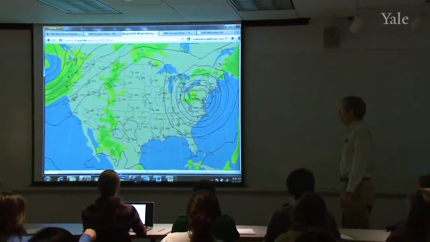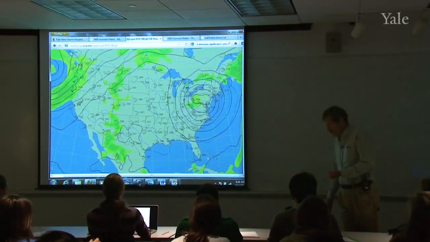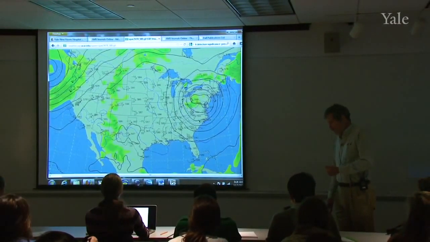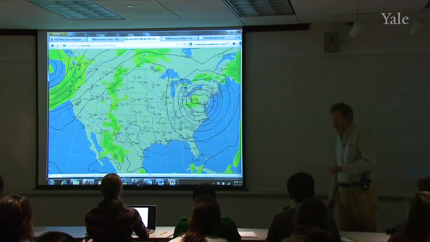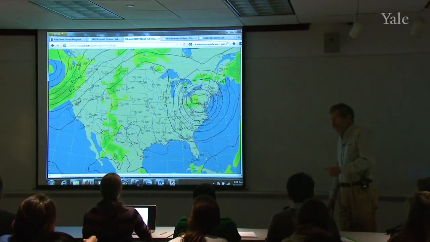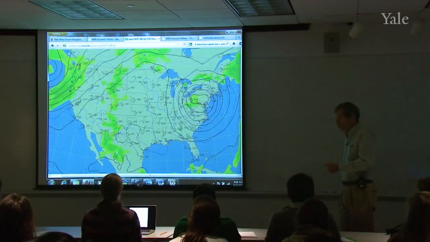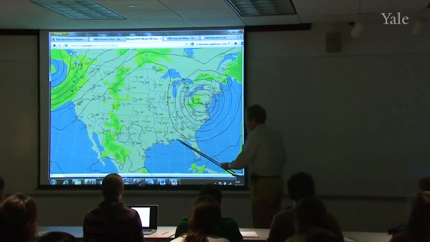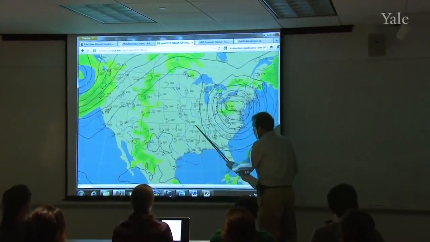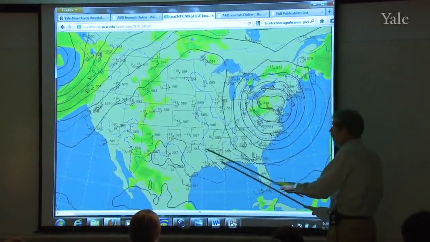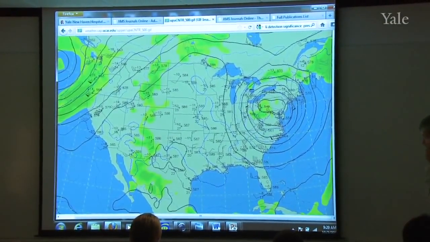And this is a weather map from the 0Z soundings. In other words, the soundings, the balloons that were launched yesterday evening at 8 p.m. here, would be 0Z Greenwich time. And each of these little clusters of data represents a balloon that was launched. And this is the 500 millibar map.